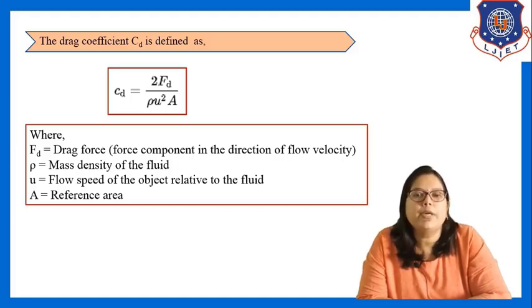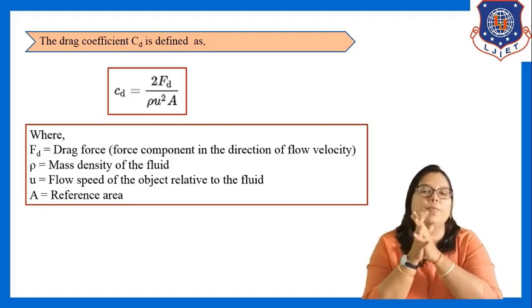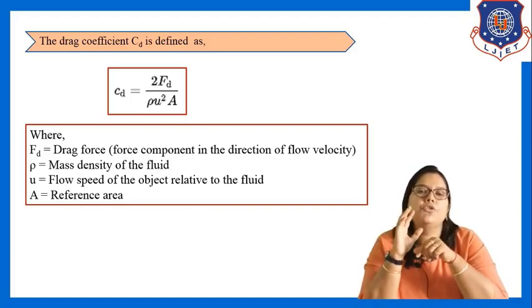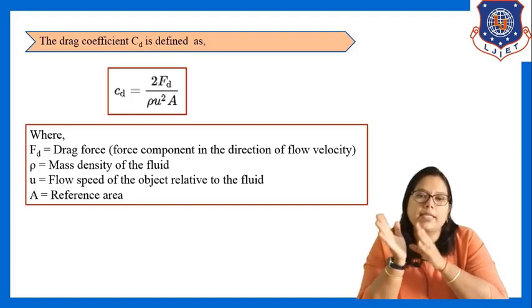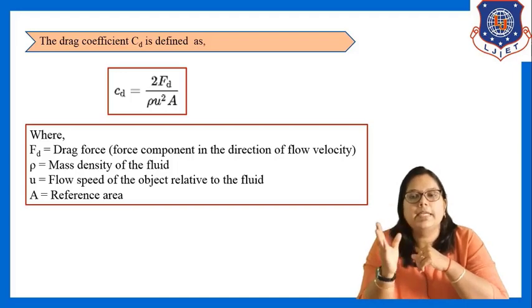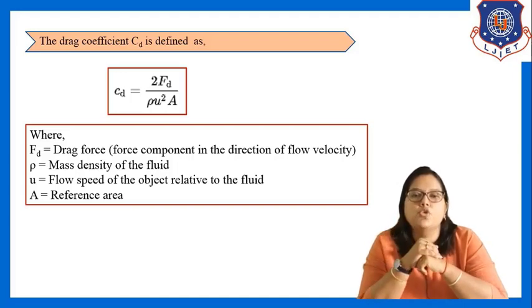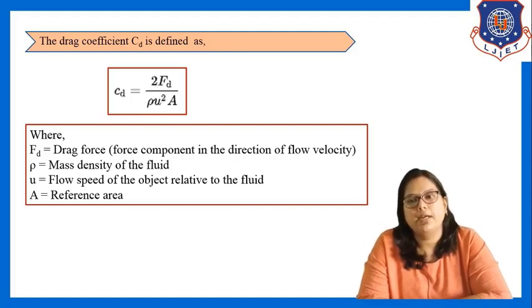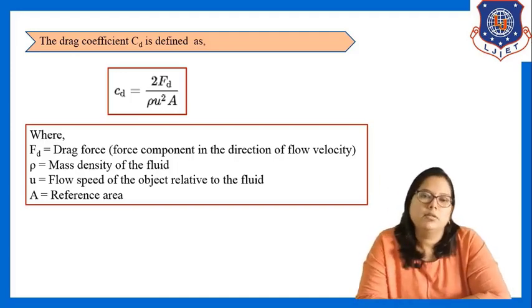So this is the equation which is used to calculate drag coefficient, and it is a dimensionless quantity. That means if you put the units of all these terms, all the units will cancel out, and that's why we call it a dimensionless quantity. CD is equal to 2FD upon rho U square A. This is the equation to calculate drag coefficient.